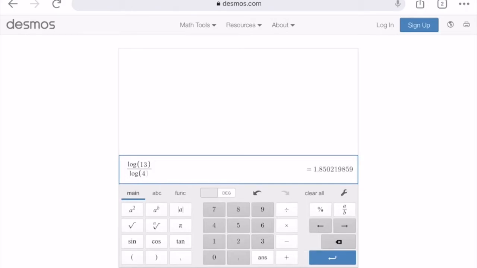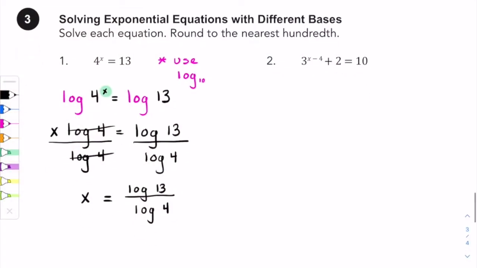You can see off to the right our solution is 1.85. So x is approximately 1.85. You could check that in your problem. You could type in your calculator 4 raised to the power of 1.85 and make sure it comes out to approximately 13.